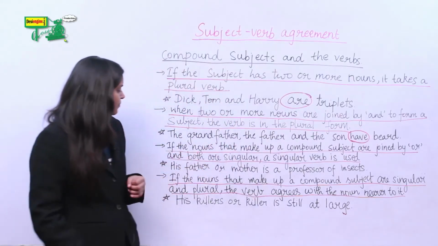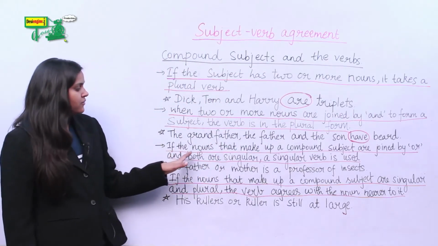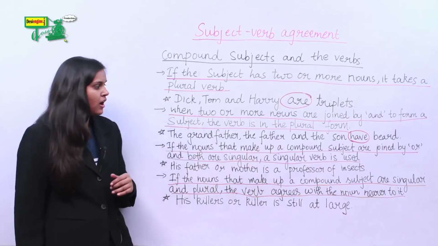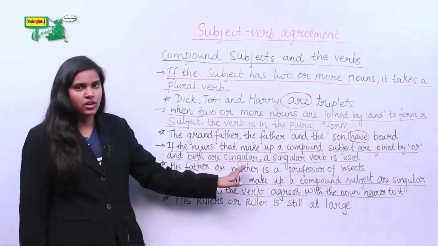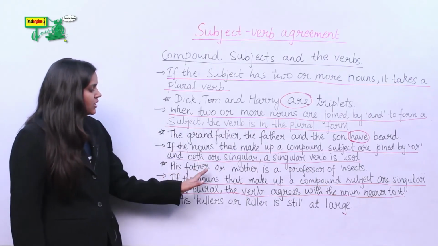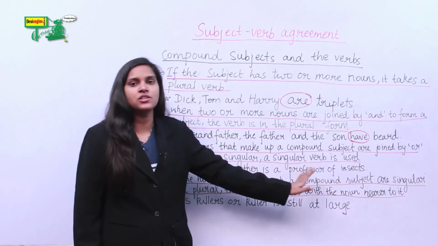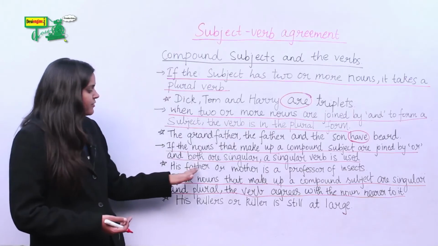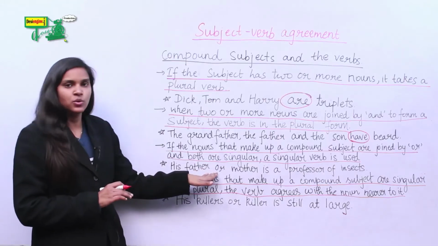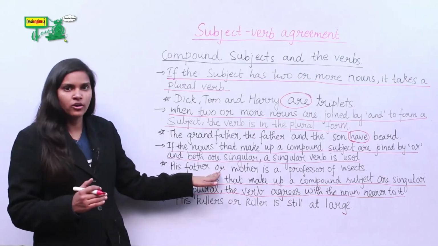have. The next rule is, if the nouns that make up a compound subject are joined by or and both are singular, a singular verb is used. For example, his father or mother is a professor of insects. Here, father and mother are in the singular form and they are joined by the conjunction or.